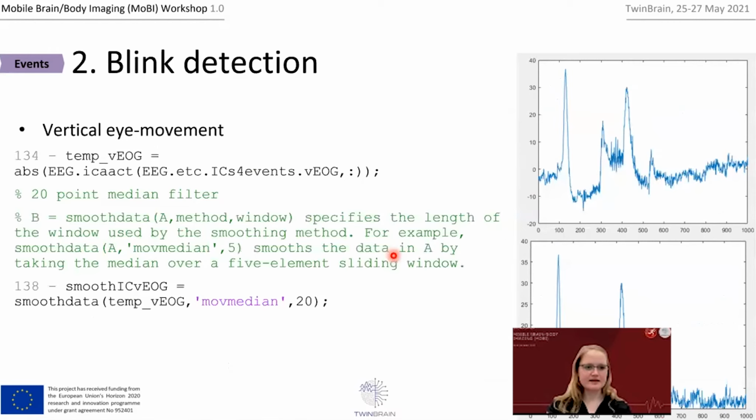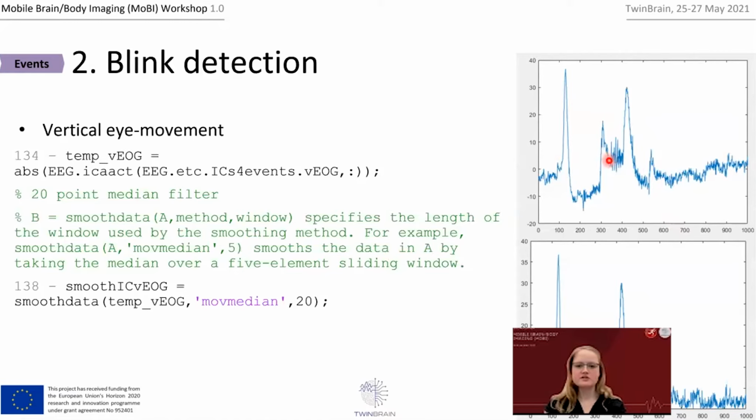In the next step, when you have defined the independent components, it does make sense to use the absolute value for the blink detection. This is what I plotted here at the right side. This is the actual activation. It fluctuates around 0, and the blink peaks are on top.